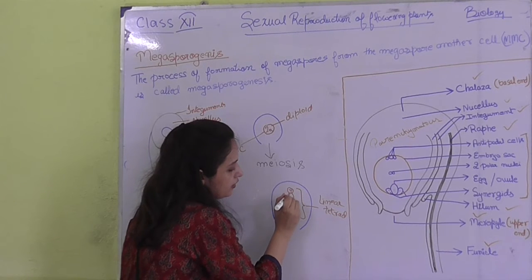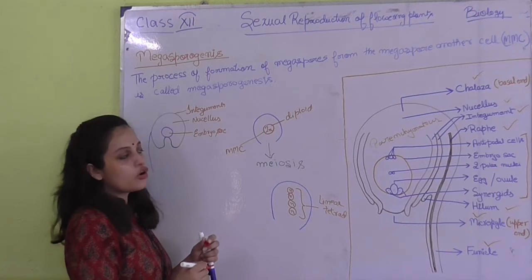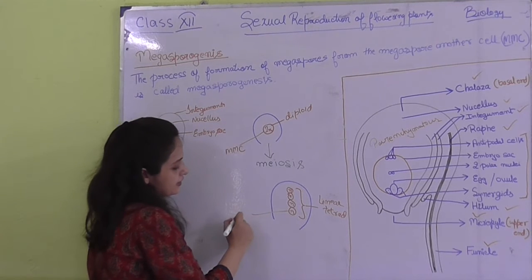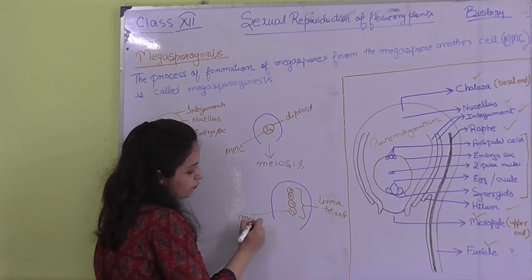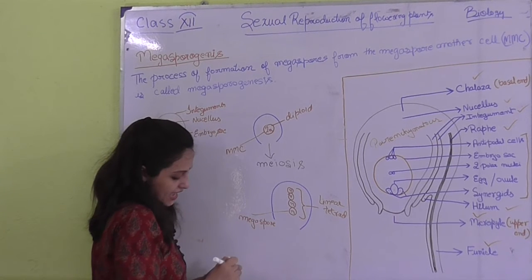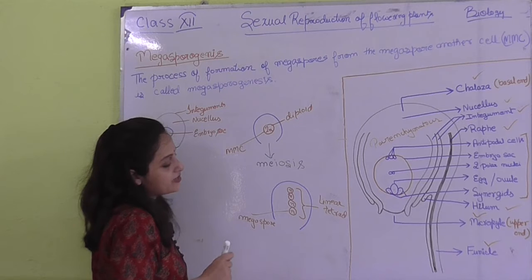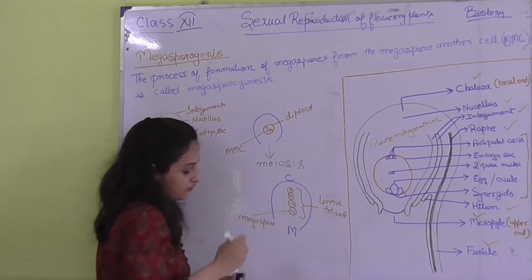So these are the four megaspores. As we have told earlier, this is the micropylar end, and this is the chalazal end. What will happen?